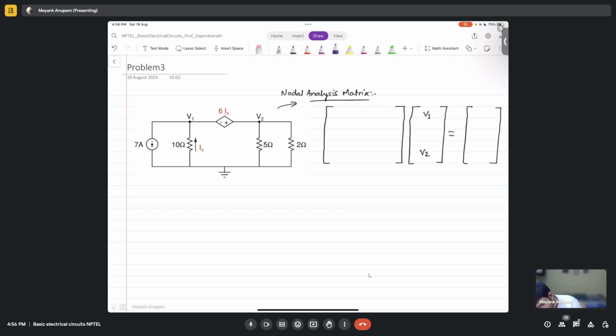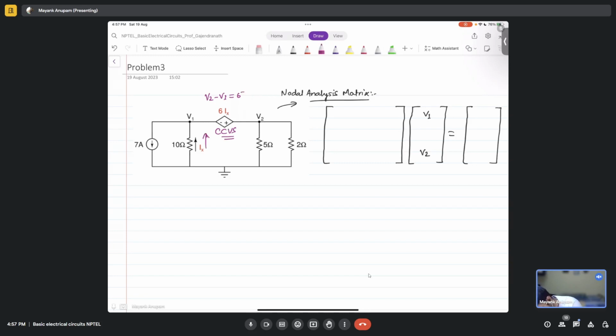It's a current controlled voltage source, a CCVS. So the voltage V2 minus V3 is equal to 6 times Ix. And what is Ix? Ix is the current flowing in this direction in this 10 ohm resistor.